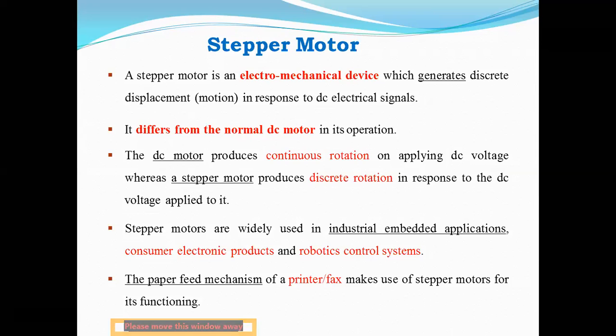They are used in industrial applications. Suppose a machine has to put certain parts in the system. At that time the robot has to pick that part, and the stepper motor is used in the system.